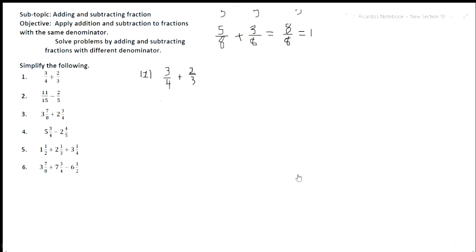You have to find what we call the LCD. Find equivalent fractions of both. So the 4 and 3, you want a number that 4 and 3 can go into without leaving a remainder, the LCD. And that would be 12.